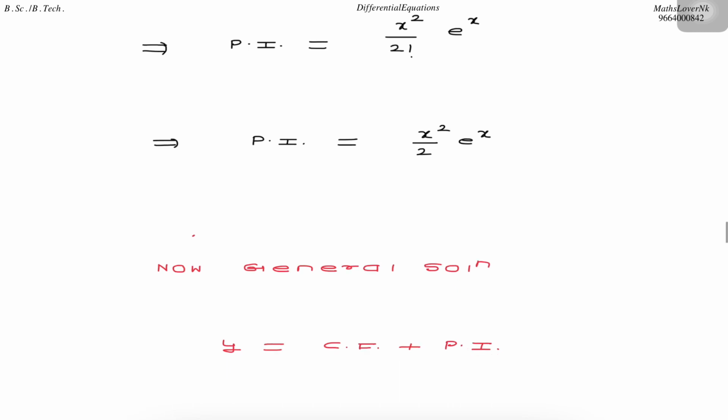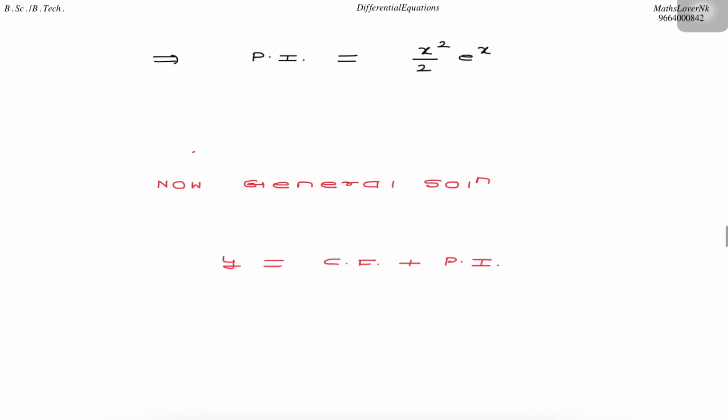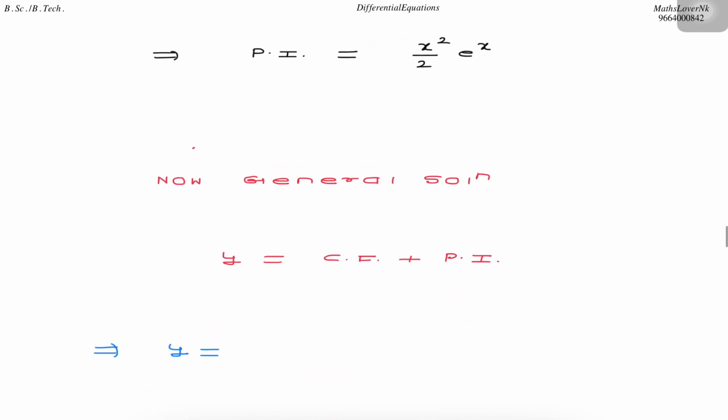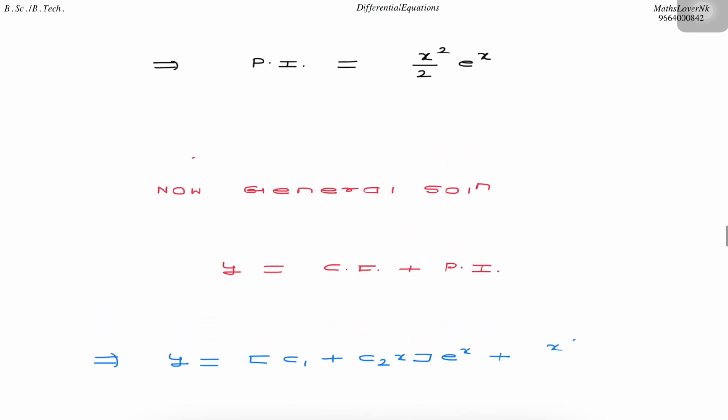Here we get y is equal to, first of all we write down the CF. CF is (C1 plus C2x) e the power x. So y is equal to (C1 plus C2x) into e the power x plus PI. PI is x square by 2 into e the power x. That is our final solution.